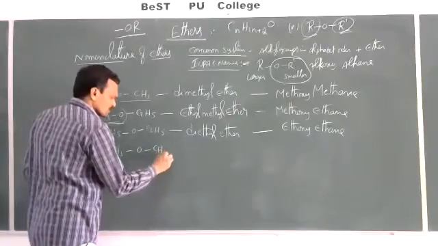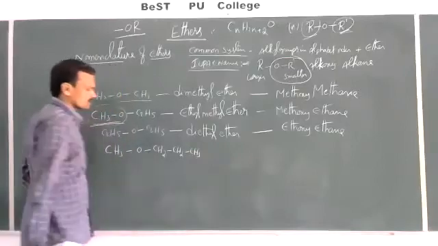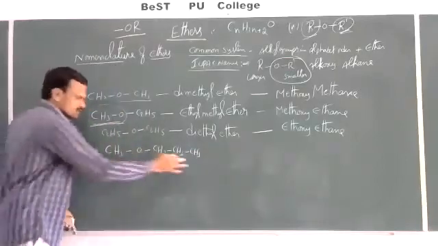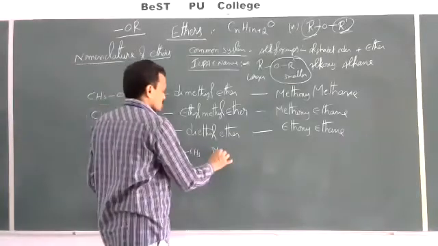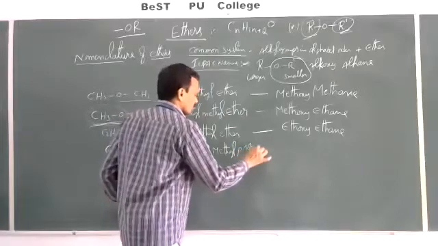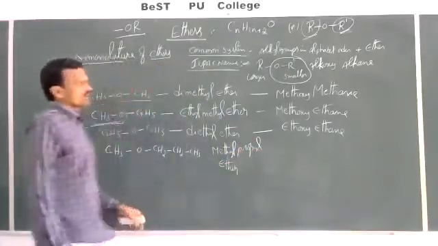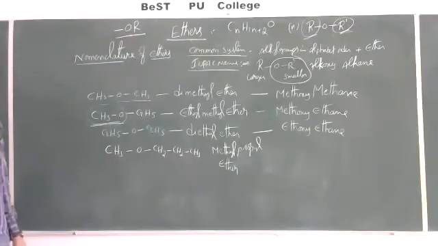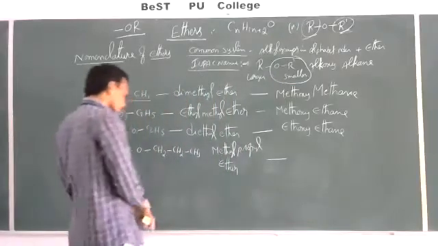CH3OCH2CH2CH3. This is methyl, this is propyl. Now the common name is methyl propyl ether. Then what is its IUPAC name?